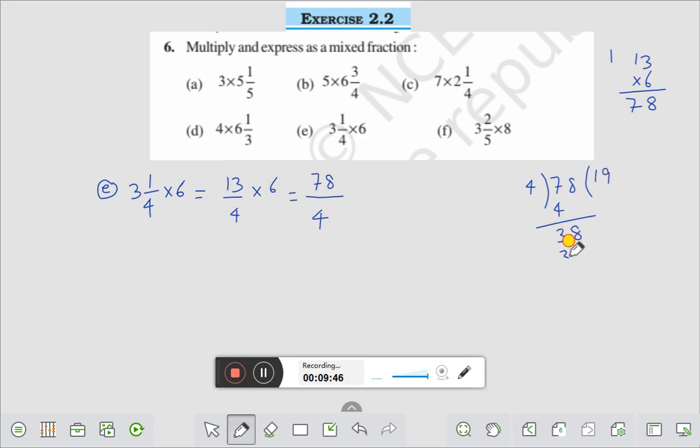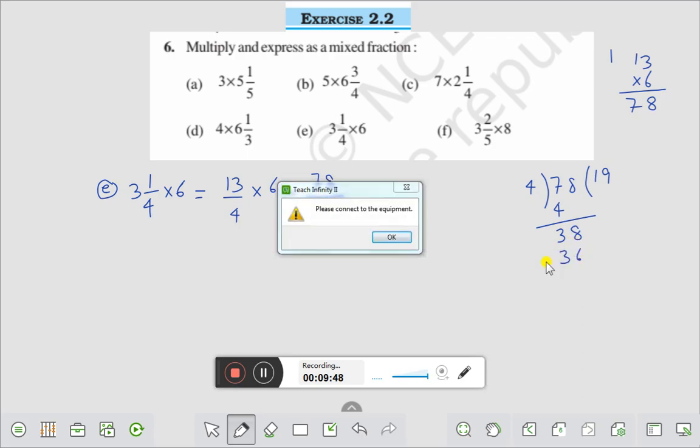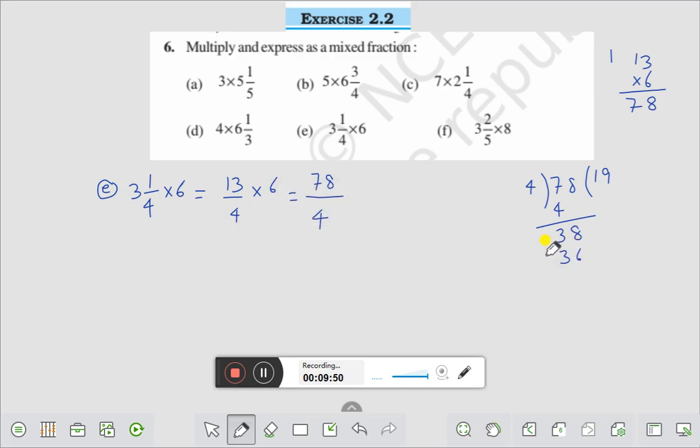4 9 is 36. If we subtract it, we are getting 2. Right? Therefore, we are writing here the quotient as 19 and remainder as 2 and divisor as 4, right?